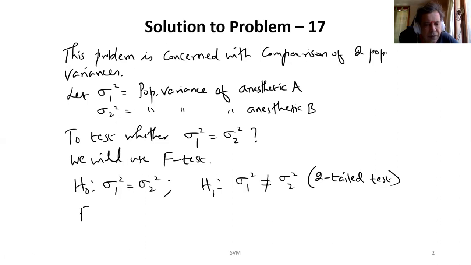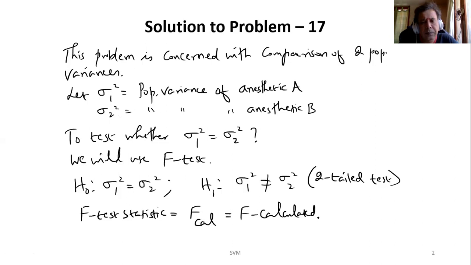Now, the F test statistic, here it is F cal, or we can say F calculated value, is S1 square by S2 square.